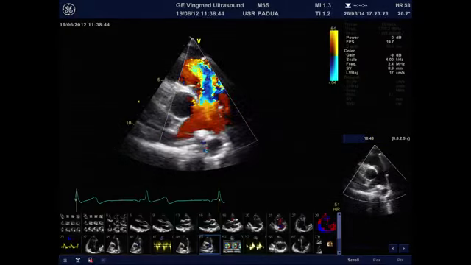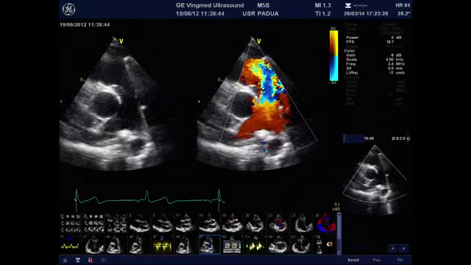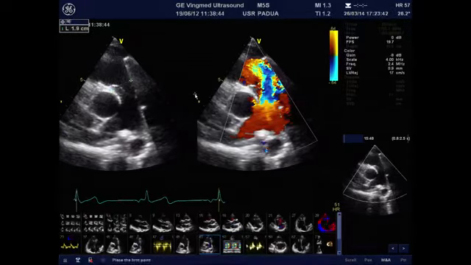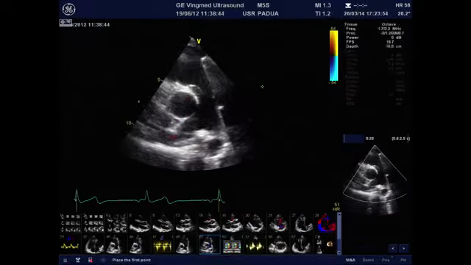So like in this case, for instance, if I display this image simultaneously side by side with the 2D image, on one side I can measure the right ventricular outflow tract at the level of the pulmonary valve, and then I can measure on the color the thickness of the vena contracta at its narrowest point. You can also remove the color to see better.